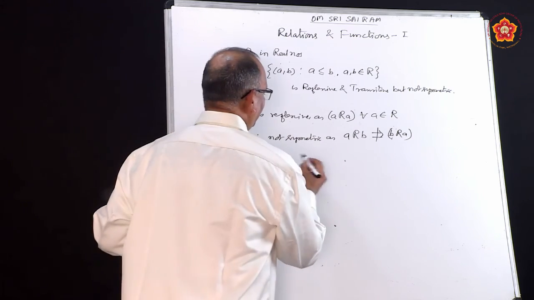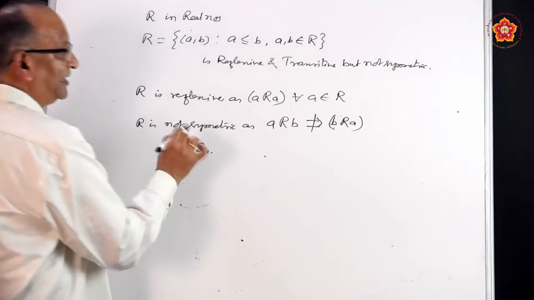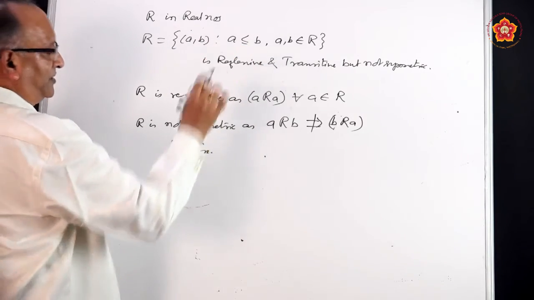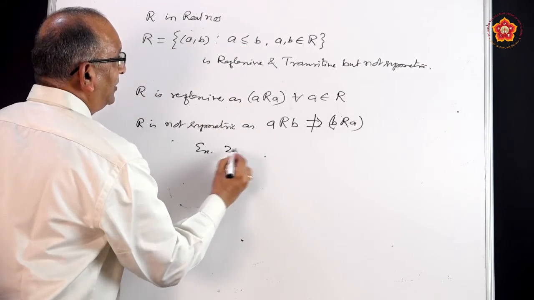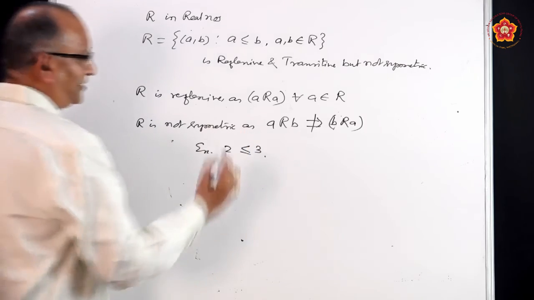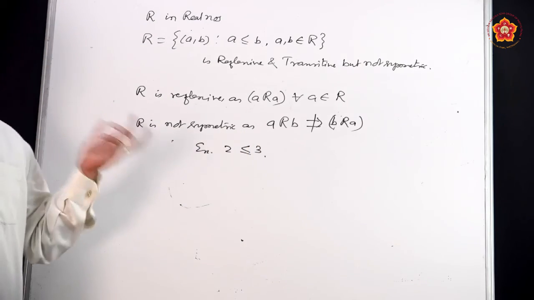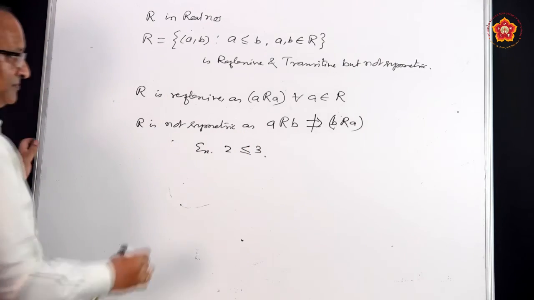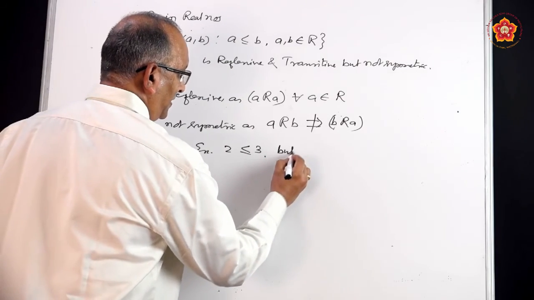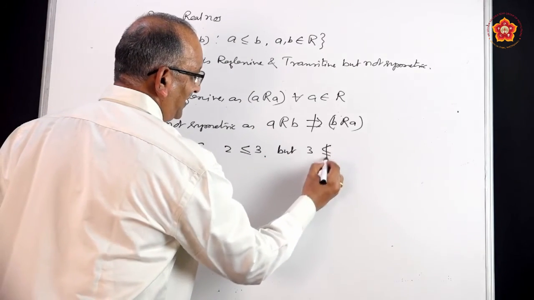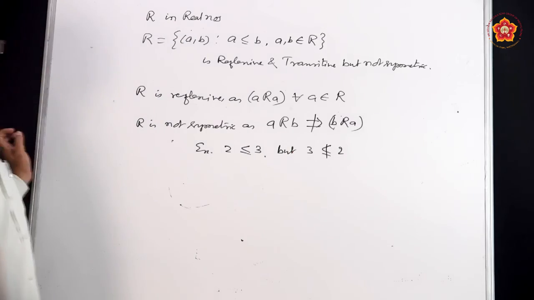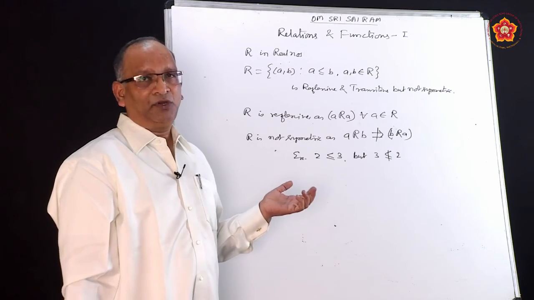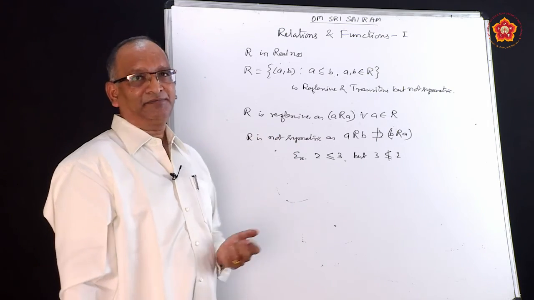Here we will give an example because we are saying it is not. Example: 2 is less than or equal to 3. 2 is less than 3 we know, but 3 is not less than or equal to 2. And it is enough to say that it is not symmetric.